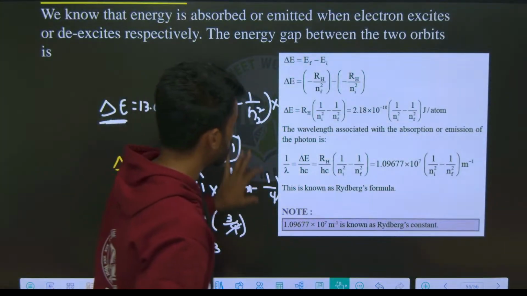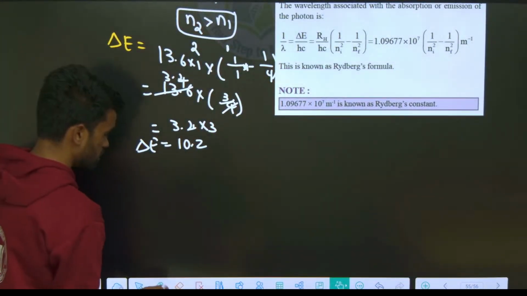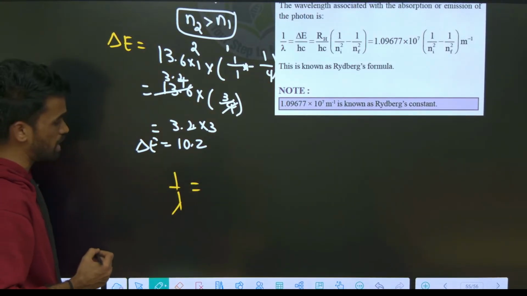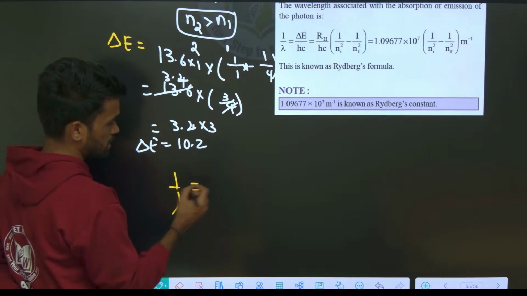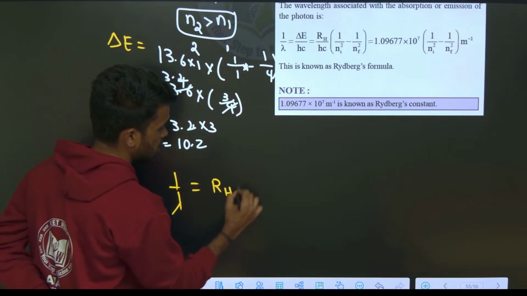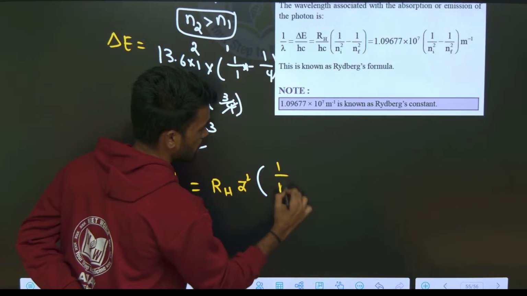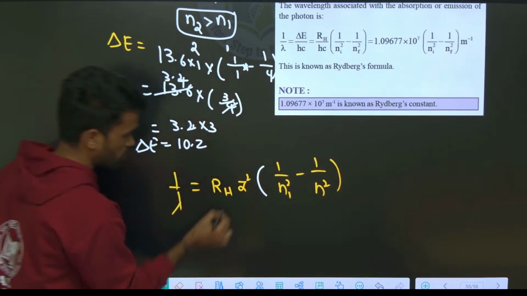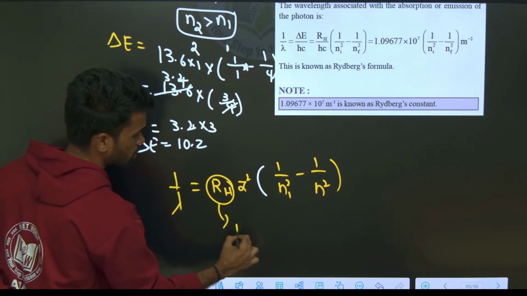Now if I ask for lambda, the wavelength, you just remember Rydberg's equation: 1 by lambda equals RH Z square times (1 by N1 square minus 1 by N2 square). What is meant by RH here? Rydberg's constant.